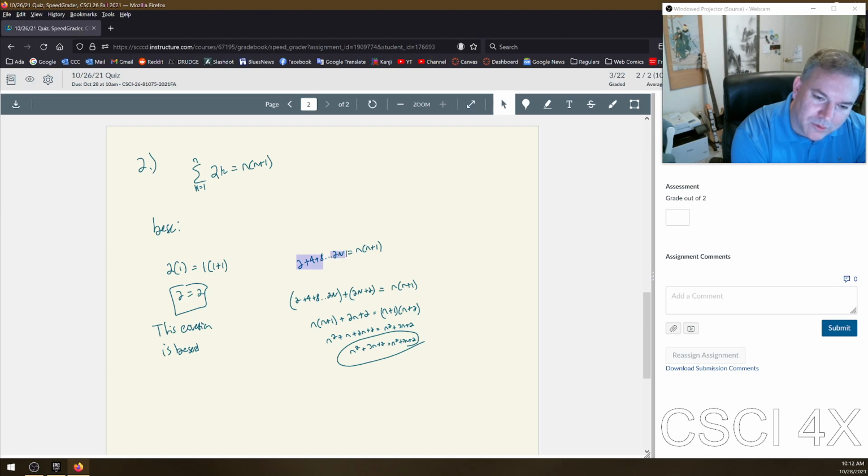So then prove. Okay, and again, I'd write assume this to be true, assume this to be true, prove this to be true. All right, so 2, 4, 6, 8, and 2n plus 2n plus 2. So he's already multiplied out the n plus 1. That's fine, I guess. Nope.